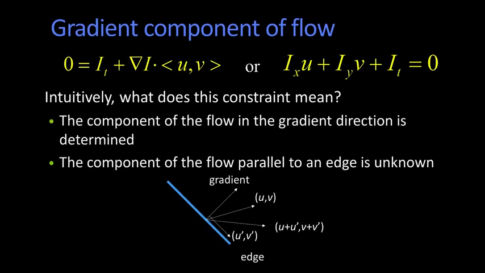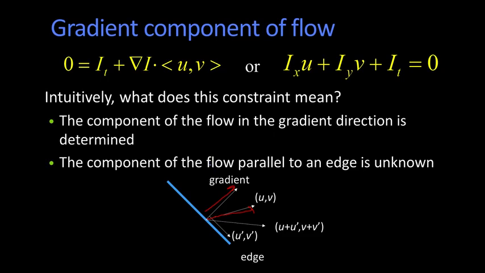So intuitively, we can think about what this constraint means as follows. The component of u, v that's in the direction of the gradient, that's what we can measure, right? That amount will tell us how much the image will change. That's the amount of I sub t, the derivative. So if this is the direction of our gradient, as indicated here, and suppose this is my real u, v right there.